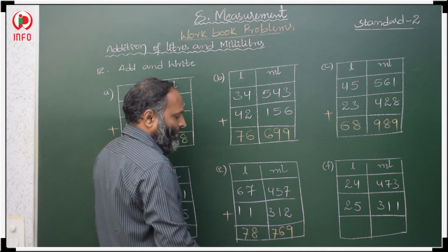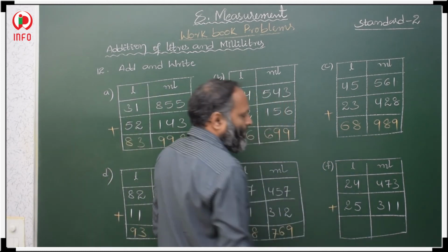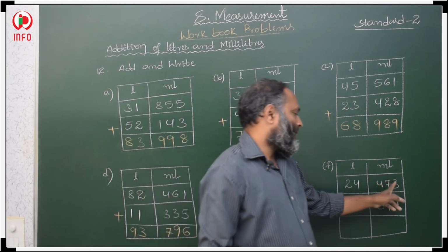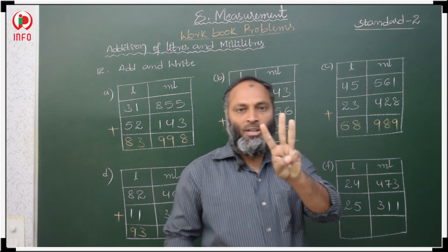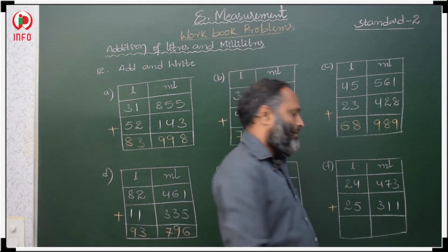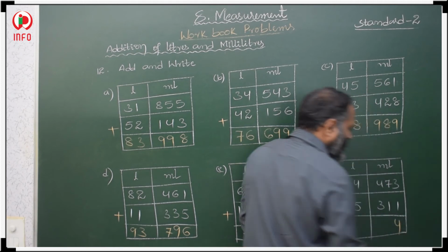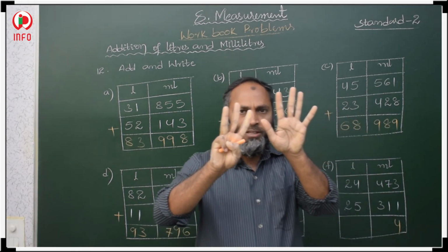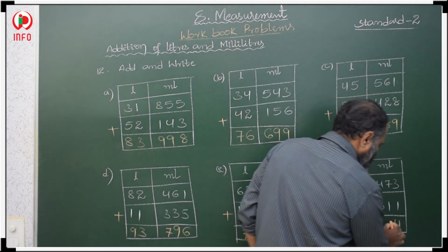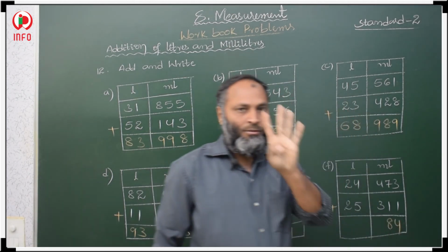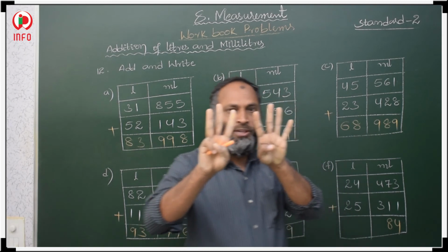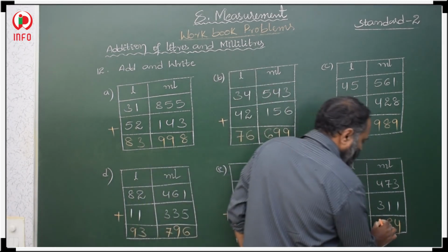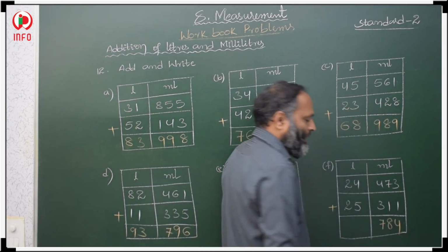Okay. Now addition. In milliliters, the extreme right digit we have to add, 3 plus 1, 4. Then after that 7 plus 1, 8. 4 plus 3, 7. 784 milliliters.